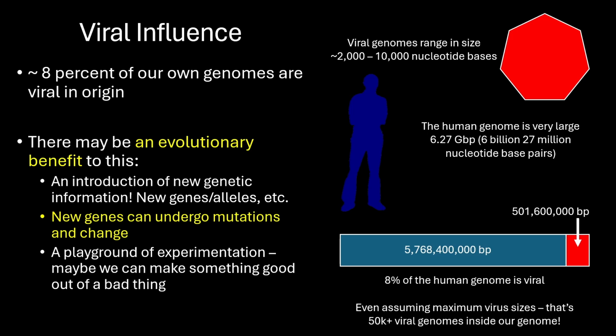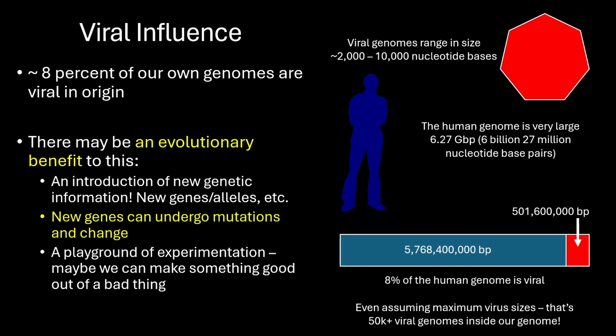There's actually, in a weird way, an evolutionary benefit to this kind of horizontal gene transfer, moving DNA from viruses into animals like us. It's an interesting way of suddenly acquiring a lot of genetic information, new genes that suddenly show up in the genome.